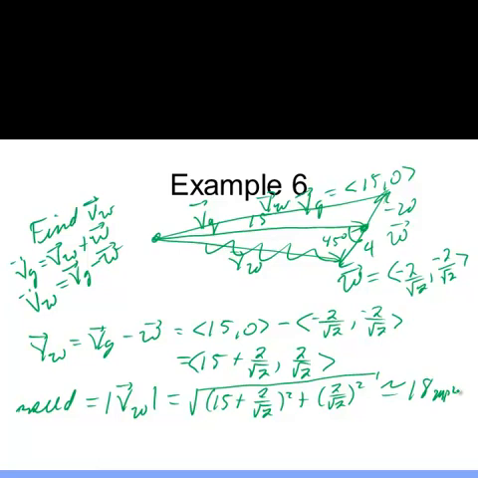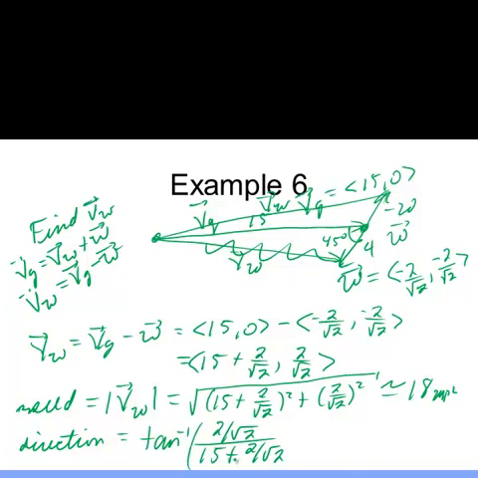Okay. Now, if you want to find the direction or the heading, then all you need to do is take the arc tangent of y over x, or the arc tangent of the y component over the x component, which would be 2 over root 2 over 15 plus 2 over root 2.